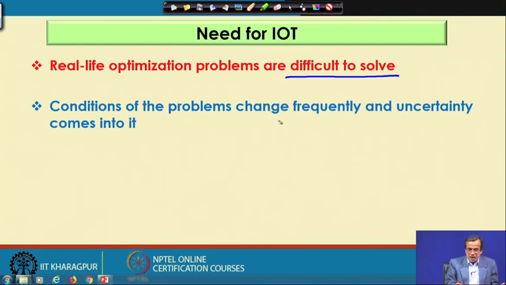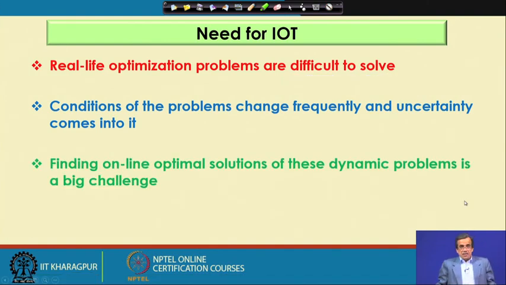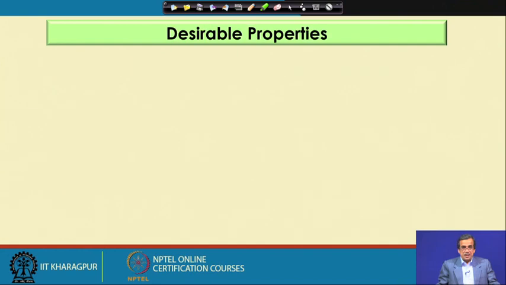The condition of the problems changes frequently and there could be uncertainty also. Now, our aim is to find the online optimal solution of this complex optimization problem, and that is why we will have to take the help of intelligent optimization tool.